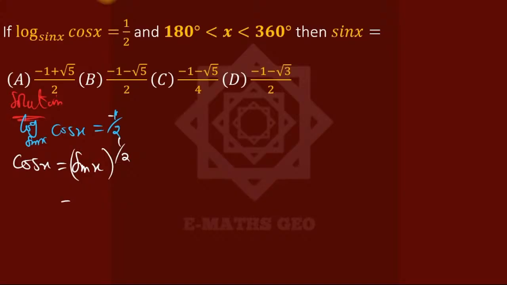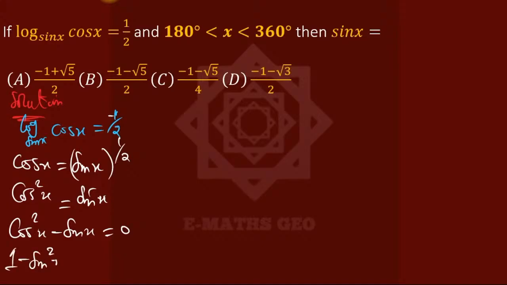Now squaring both sides removes the half, since squaring cancels the reciprocal power. Let's move sine to the other side: cos squared x minus sine x equal to 0. From our Pythagorean identity, cos squared is 1 minus sine squared.